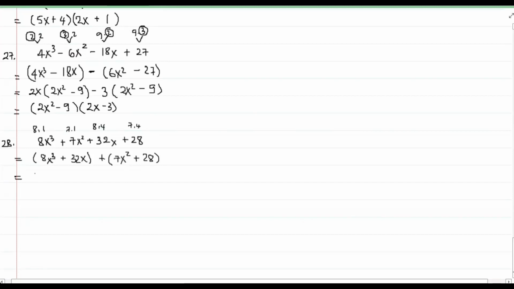Now we take 8x out as the common factor, so we are left with x squared plus 4. We take the 7 out, we have x squared plus 4 here as well. Now x squared plus 4 is in common. Take it out, and we are left with 8x plus 7.